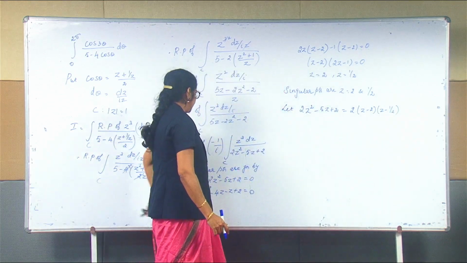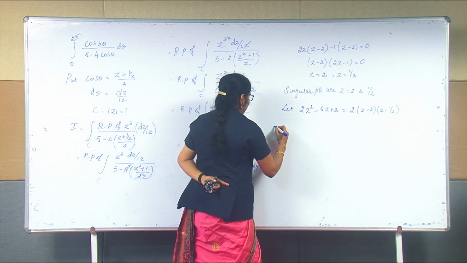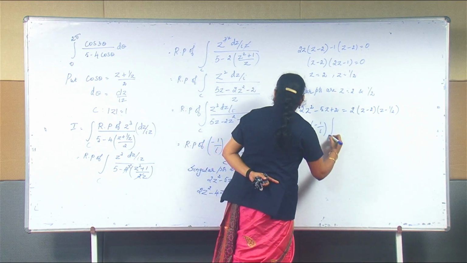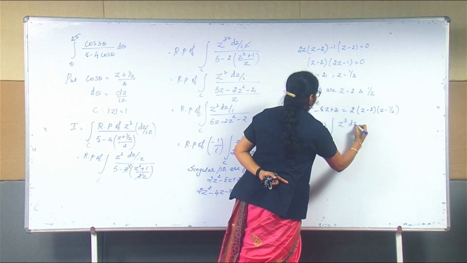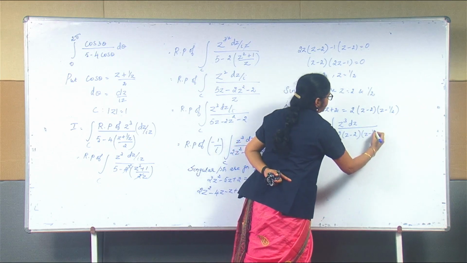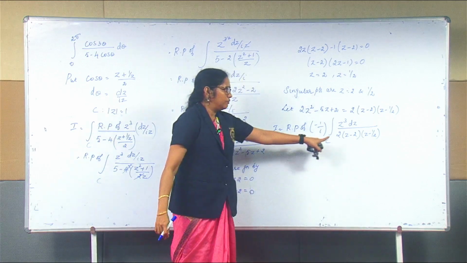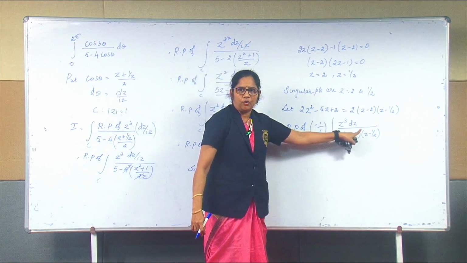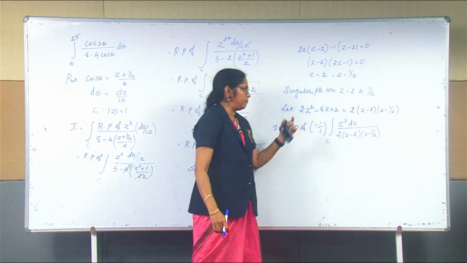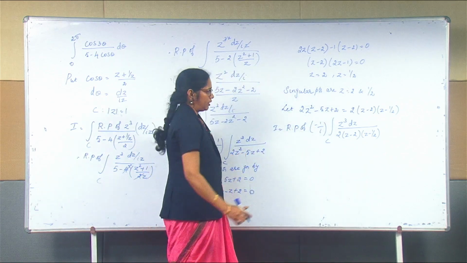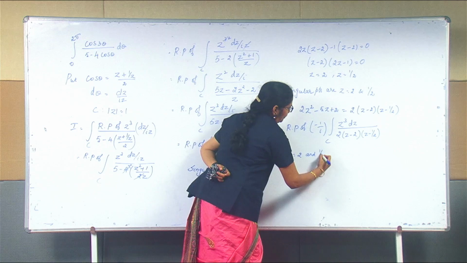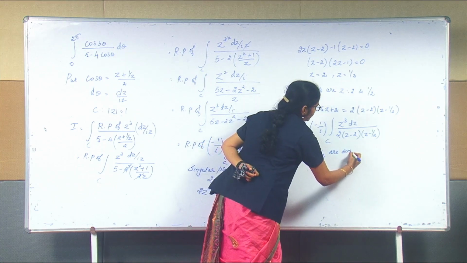Now replace this in the given I. So I equal to real part of minus 1 by i integral over C z cube dz by 2 into z minus 2 into z minus half. Because z minus 2 has power 1, and of course this is also 1, these two singular points are simple poles. So z equal to 2 and 1 by 2 are simple poles.